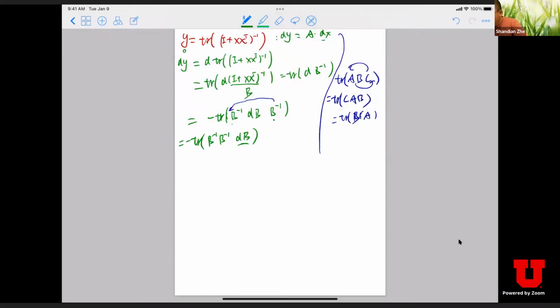So now let us deal with B itself. Note that B is essentially the identity matrix plus vector X times vector X transpose. Again, we apply the chain rule. It is equal to the derivative of I, which is constant, so it's 0, and then it's d(X X transpose).